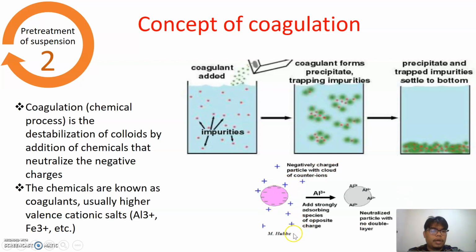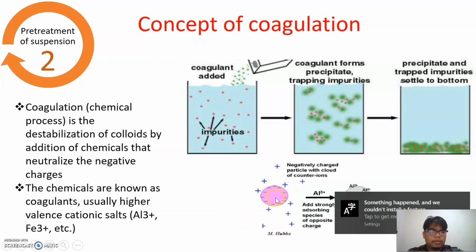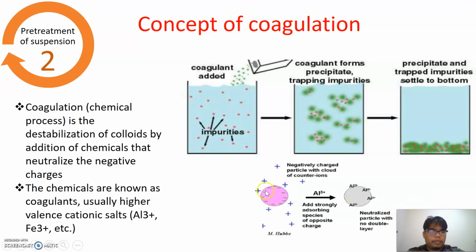So here is how it works. Now we have this impurity that has a negative charge. As we know, once we have a positive charge, it will fill the outer layer of the impurities or negative charge.